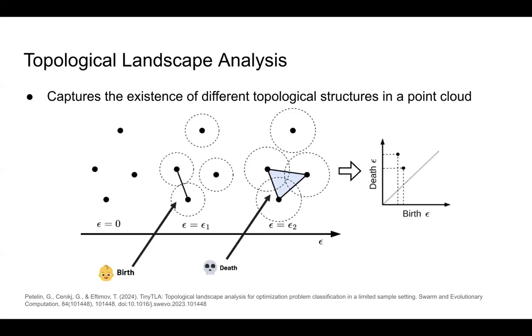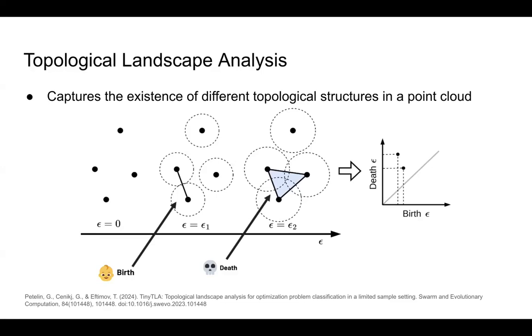So here we have, for example, a point cloud of 4 points, and the idea of the topological landscape analysis feature is to look at what structures are appearing within the point cloud at different distance radiuses, and how this structure persists.